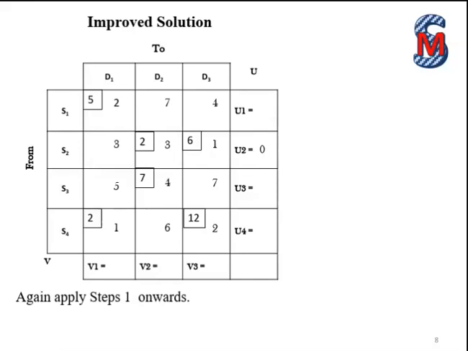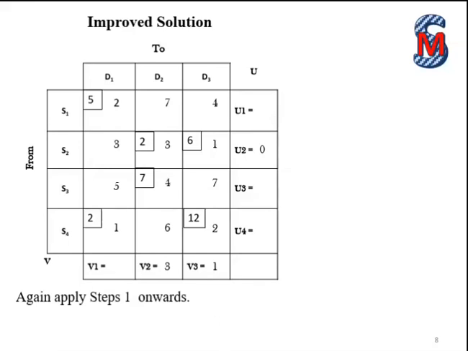Its U2 is 0. So what will be its V2? 0 plus 3 will make it 3. Therefore its V2 should be 3. Now similarly for the S2D3 cell with allotment 1 with cost 1, 0 plus 1 will make it 1. So V3 should be 1.